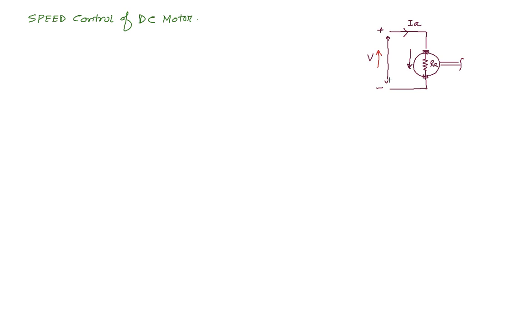So if this is the diagram of the motor, then the equation for back EMF is nothing but E is equal to P N Z phi by 60 A. I have already discussed this earlier.